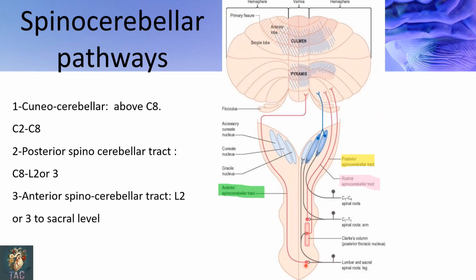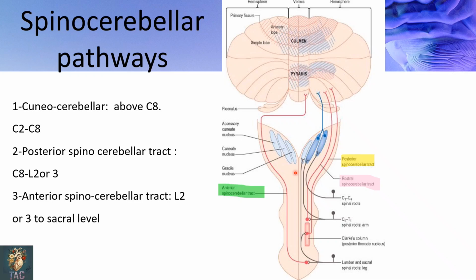After relay they cross to the opposite side and ascend in the anterior white matter as the anterior spinocerebellar tract. They go up to the level of the superior cerebellar peduncle in the brainstem, cross to the opposite side, and enter the cerebellum through the superior cerebellar peduncle. So this anterior spinocerebellar tract crosses twice, once in the spinal cord and next in the cerebellum.